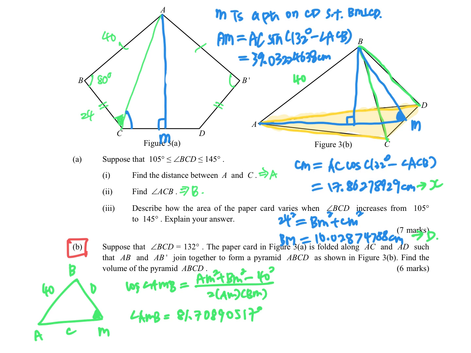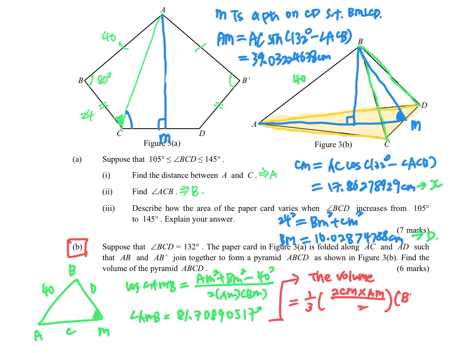So let's put it all together. The volume will be one third times the base area. The base is CM times 2, or 2 CM, times AM, and then divide by 2. So that's the base area, and then we want to multiply by the height.